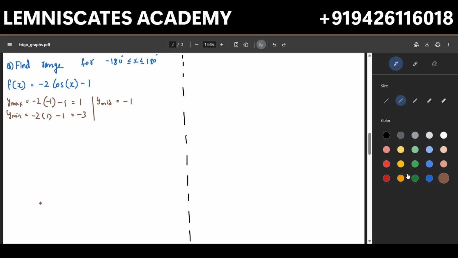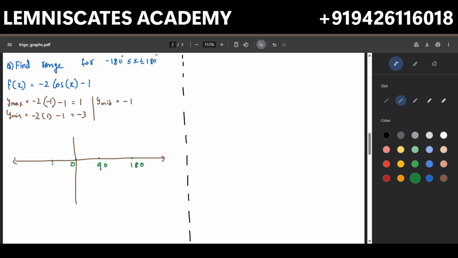That kind of a graph structure we'll be able to see. So let's try to plot the graph very quickly over here. I just draw it a bit in the center like this. And I just draw this slightly upwards because the minimum is going till -3. So 0, then 90 degrees, then 180 degrees.